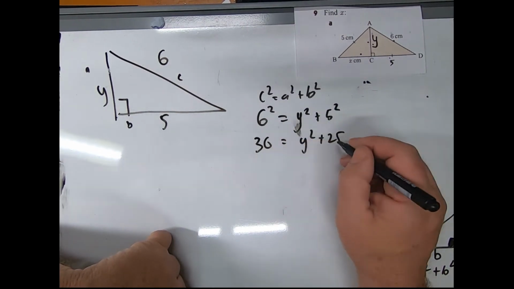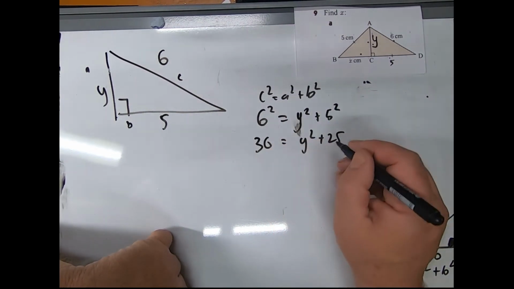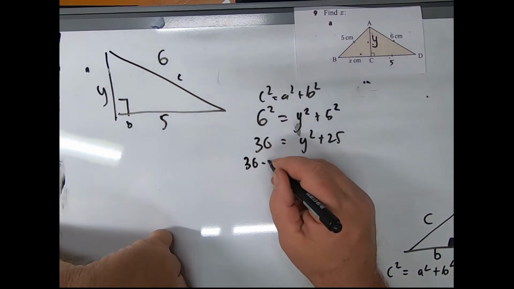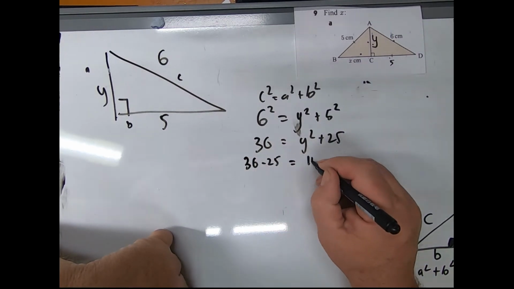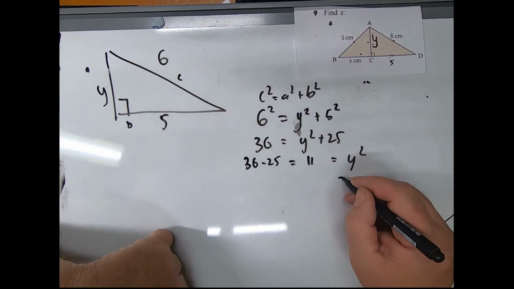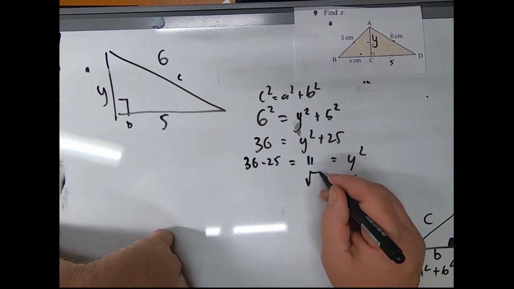Bit of subtracting. 36 take 25 equals 11, equals Y squared. So Y equals the square root of 11.